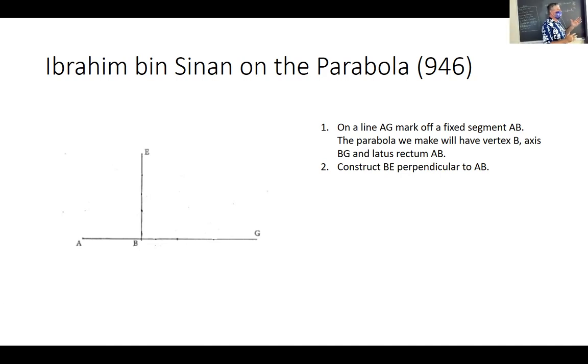But what you can do is plot a lot of points by straightedge and compass, and then do the standard thing for how all curves are generated on a computer or by hand: you plot enough points and then join them together in a smooth way.